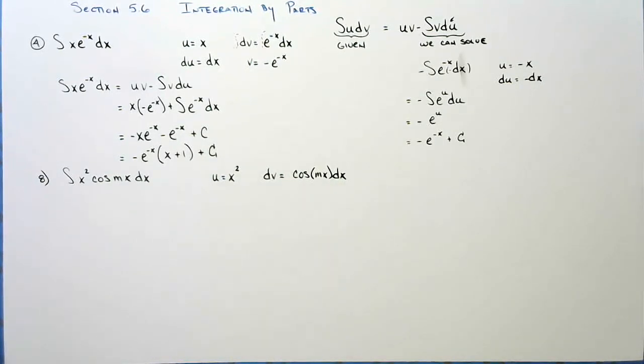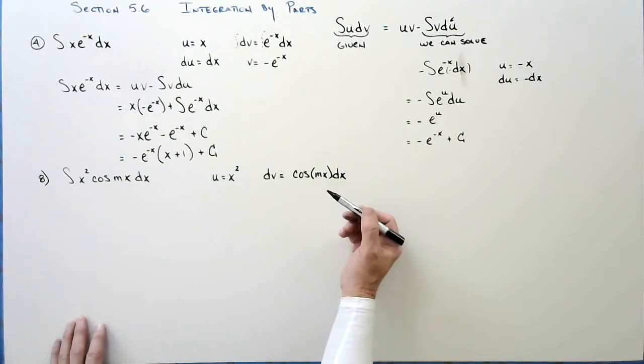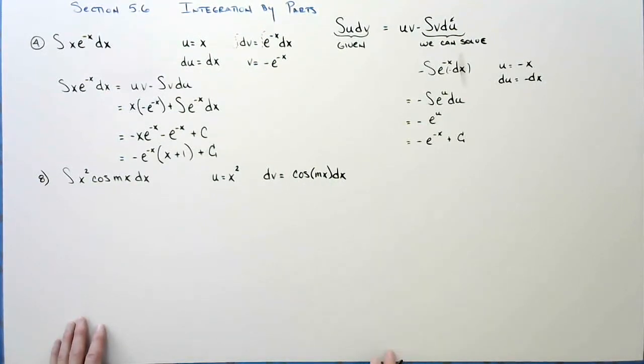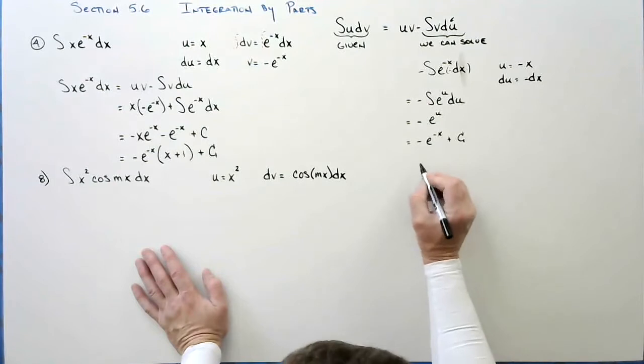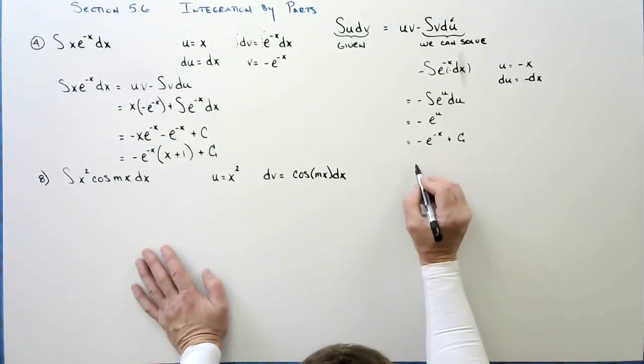And again, we're going to have to integrate that using a u substitution, because while we know the integral of cosine x is sine x, we probably should know the integral of cosine mx, and we probably should be able to do that in our head, but it's been a while since we looked at section 5.6. So we'll come over here and we'll do that integral off to the side, and we'll use a u substitution to do it from section 5.5.